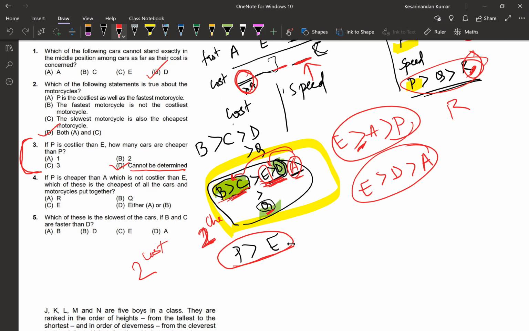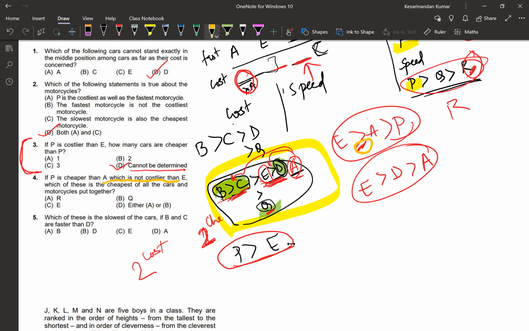Uttam, one thing I would like to mention, which is that A is not costlier than E. What if this equal to sign kicks in? What will you say then? What you said is perfectly correct.